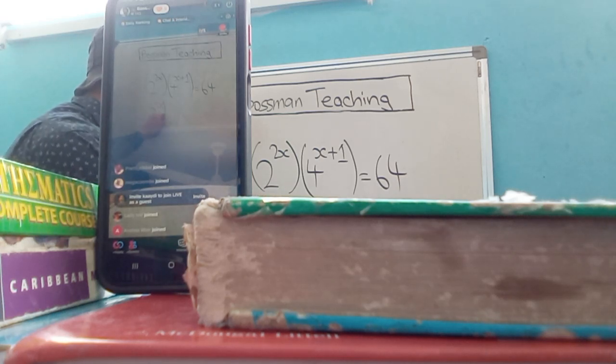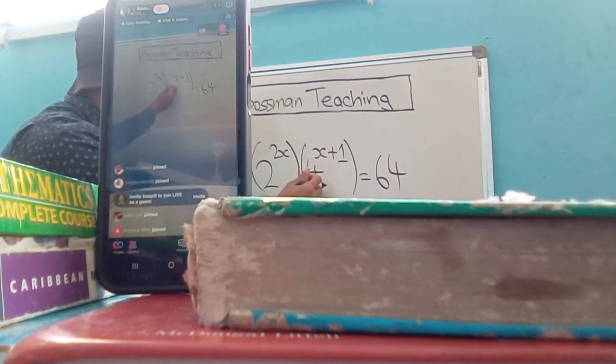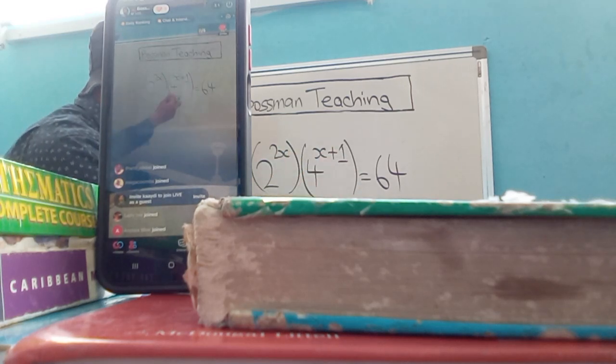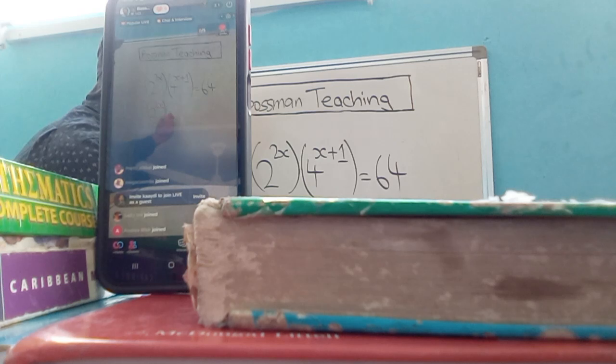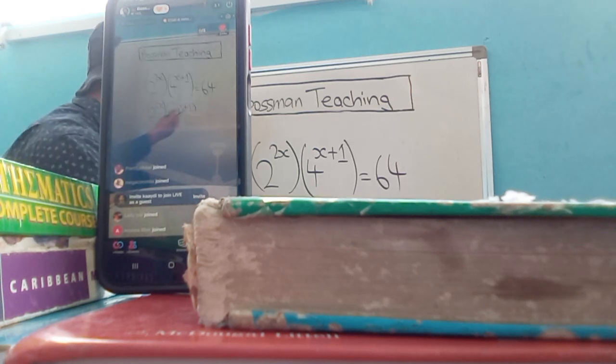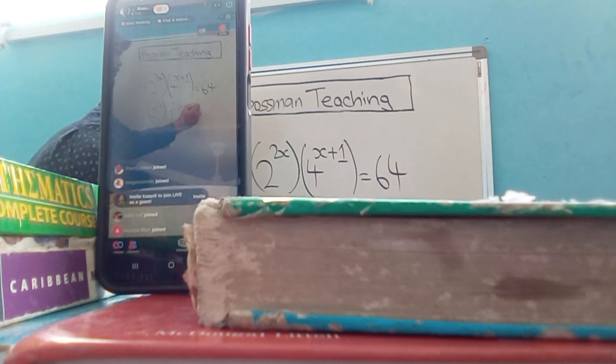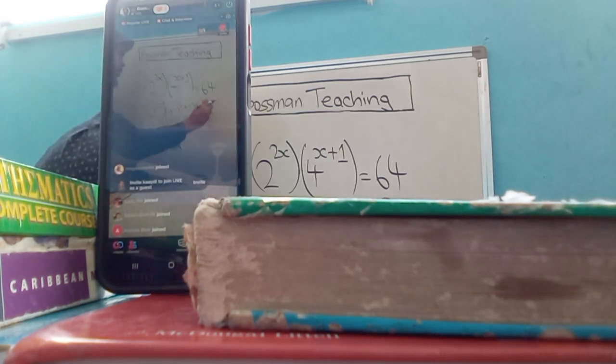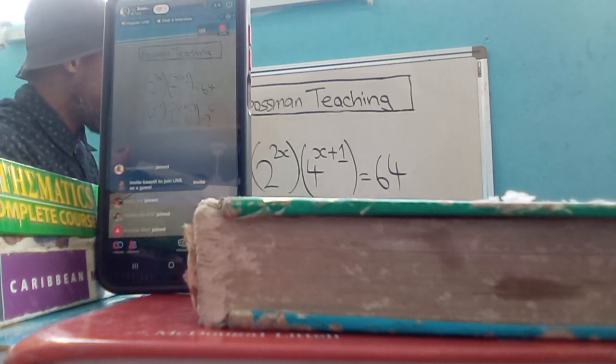But this 2 raised to the 2 times that, so this is 2 raised to the 2 times x plus 1 up here. And this is 2 raised to the 6.